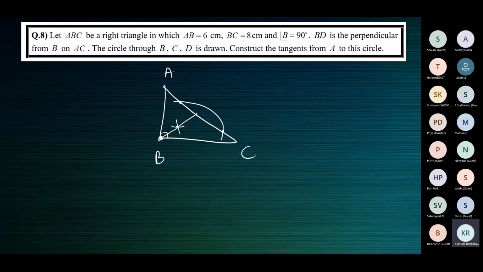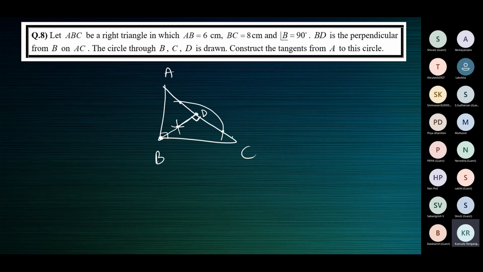Through this point you should go like this. This will be the midpoint of the chord, so it will be perpendicular to the chord. So this one makes 90 degrees with hypotenuse AC. That's what the instruction is. Draw BD. BD is the perpendicular from B on AC.